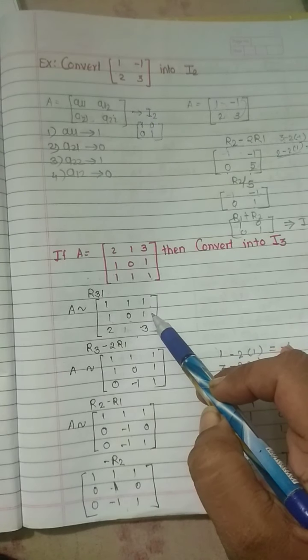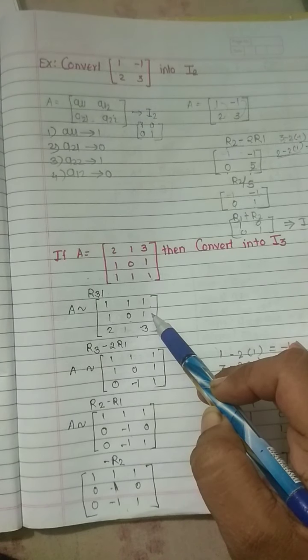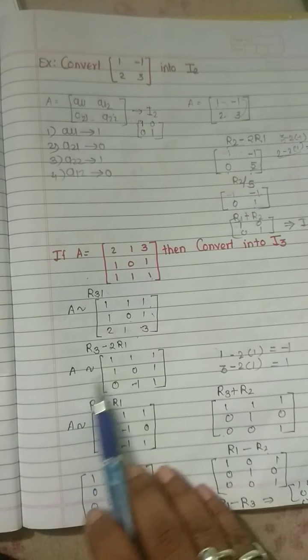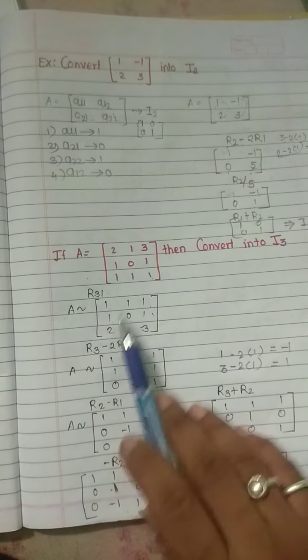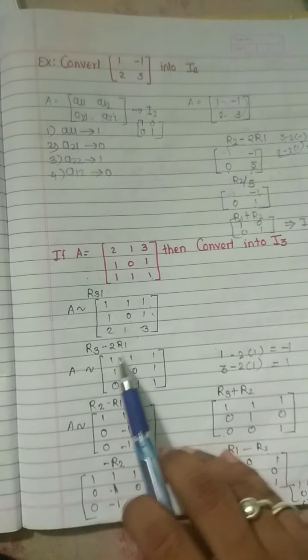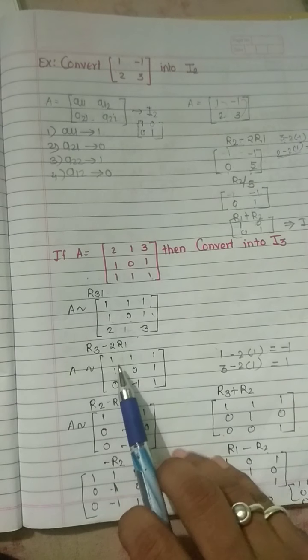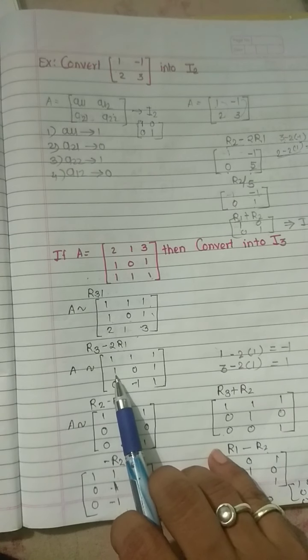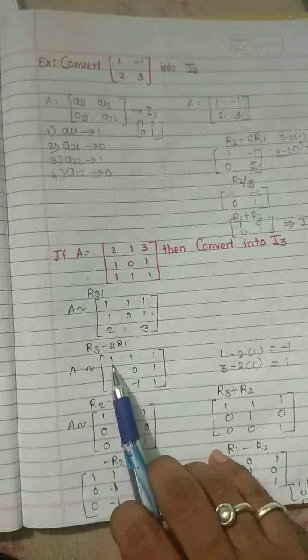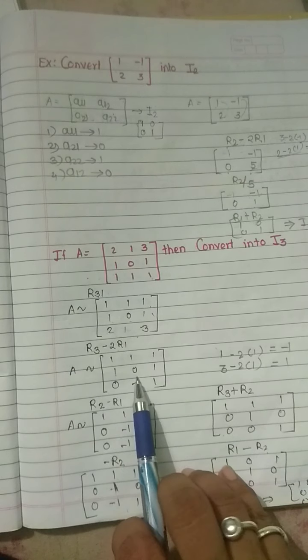Second step, reduce the A31 position element to 0. Therefore, it is written as R3 minus 2 times R1. That is, the first row and second row elements remain the same, 1 1 1 and 1 0 1.